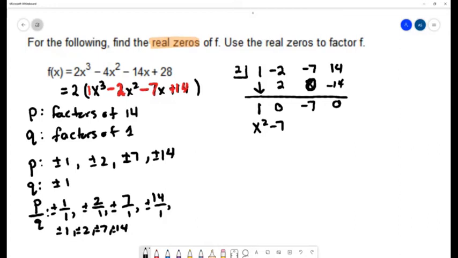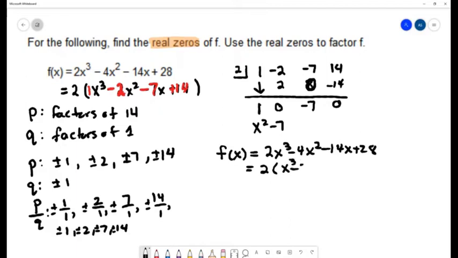So now we started off with f of x equals 2x cubed minus 4x squared minus 14x plus 28. We factored out that 2 to get x cubed minus 2x squared minus 7x minus 14. And then I factored out x minus 2.